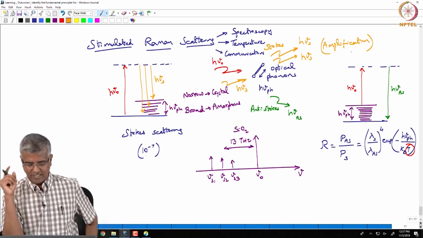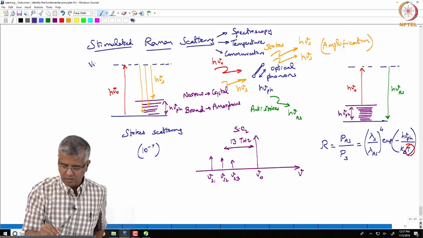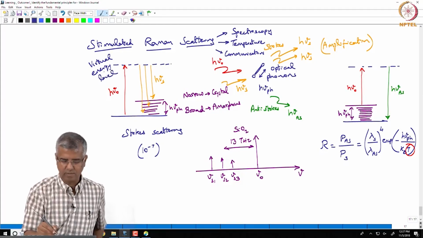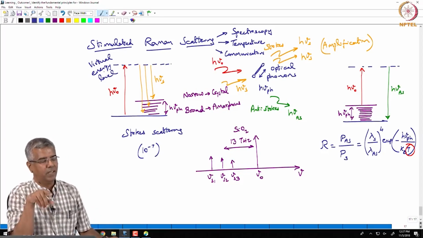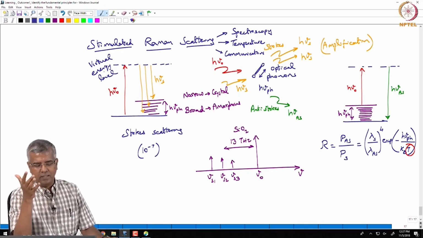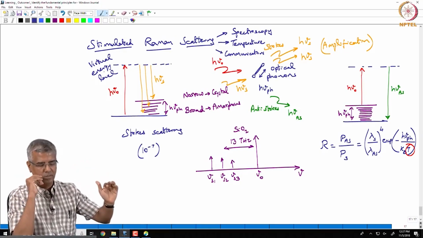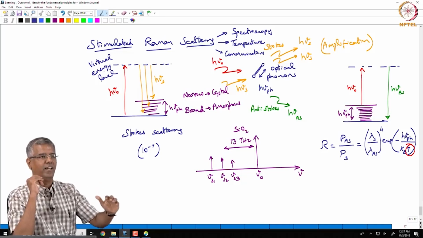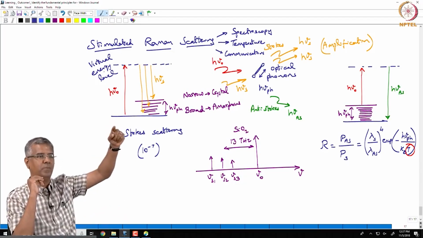But the key difference is that here we are talking about virtual energy levels. In erbium, ytterbium, neodymium, whatever rare earth ion we were looking at before, we were talking about God given physical energy levels. From this orbital, it can go only to this orbital.